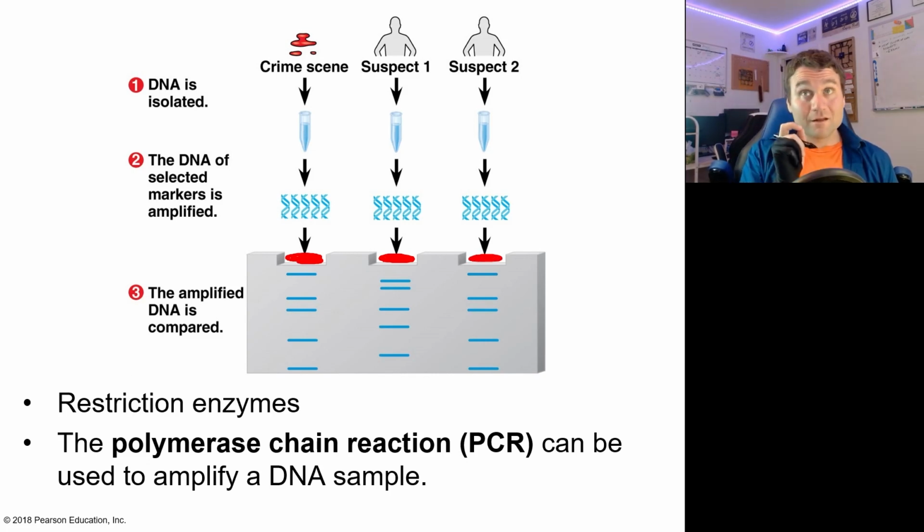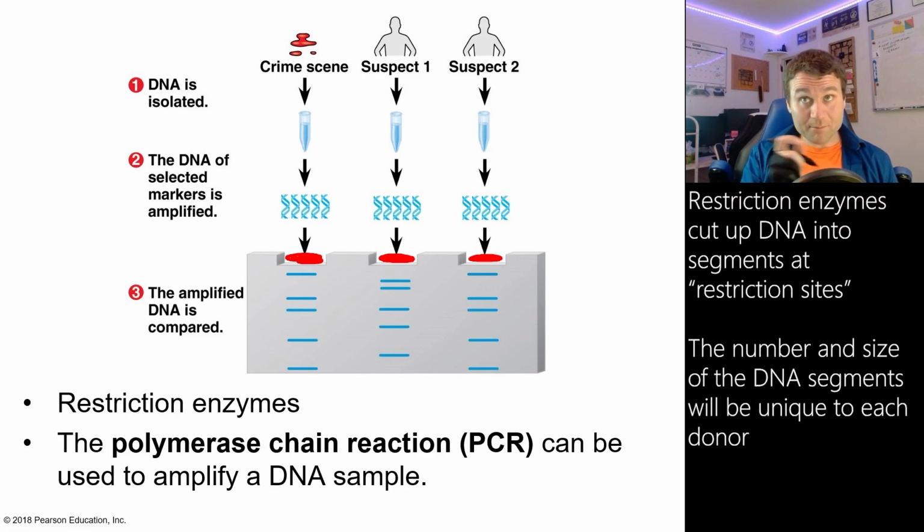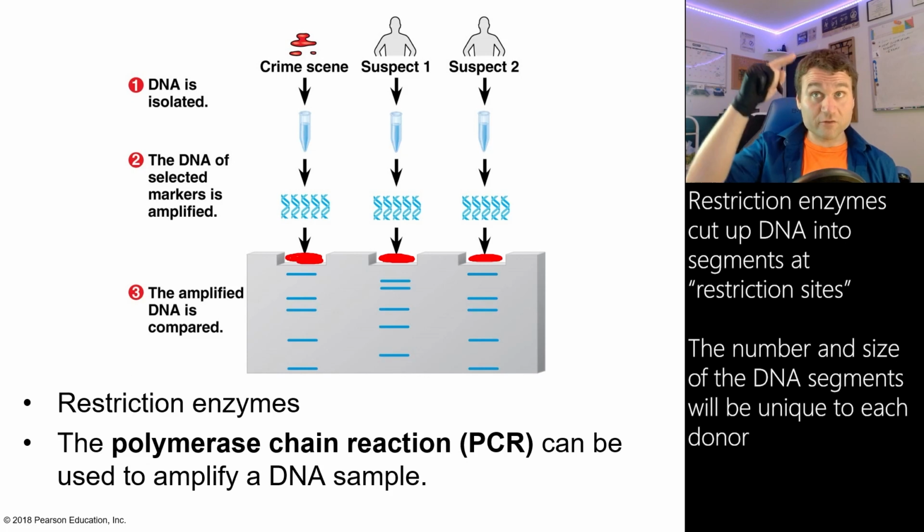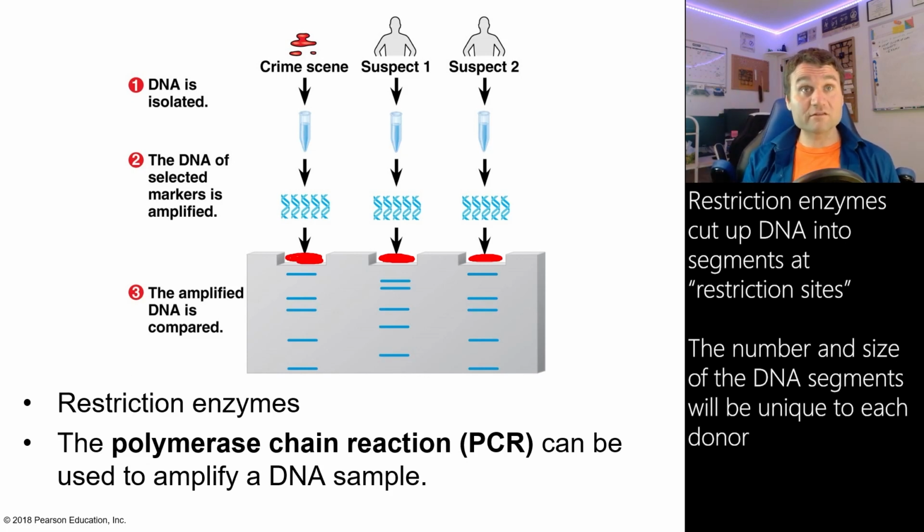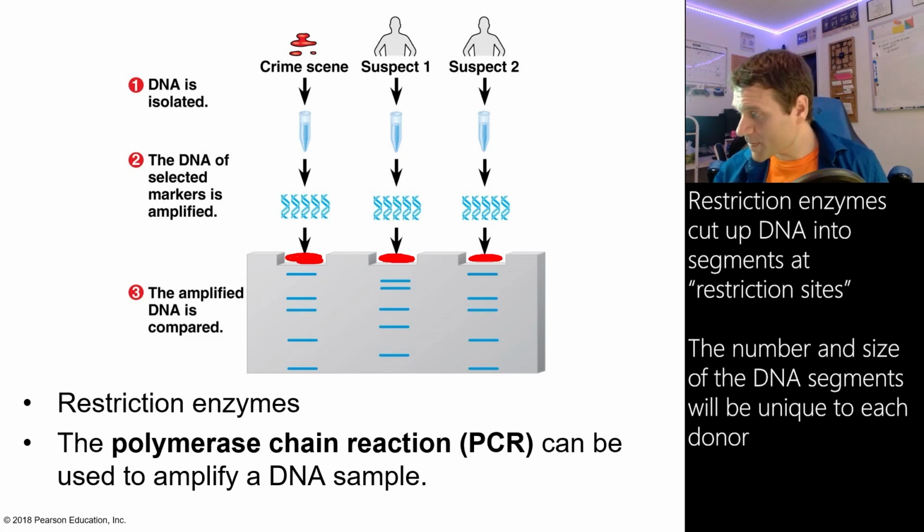Now, with samples of DNA from the same person, the restriction enzymes will cut in the same spots. So the chunks of DNA it gets broken up into will be the same sizes. Different people, though, will have different locations for these restriction sites, so the size of the chunks will be different. So what we have to do is separate the DNA segments based on size.